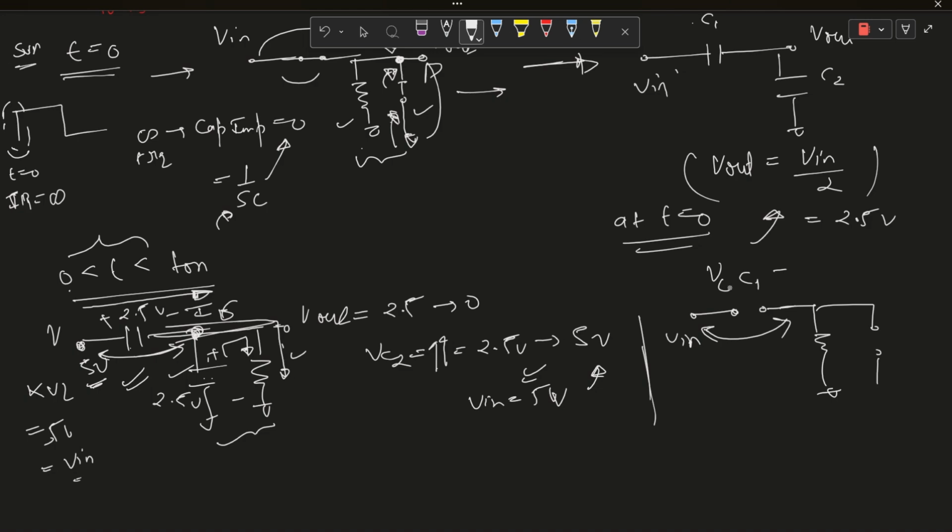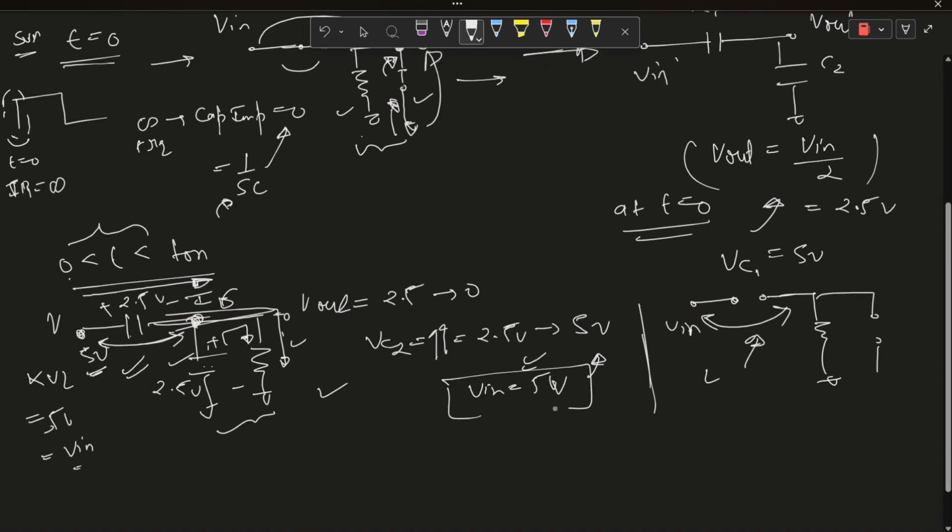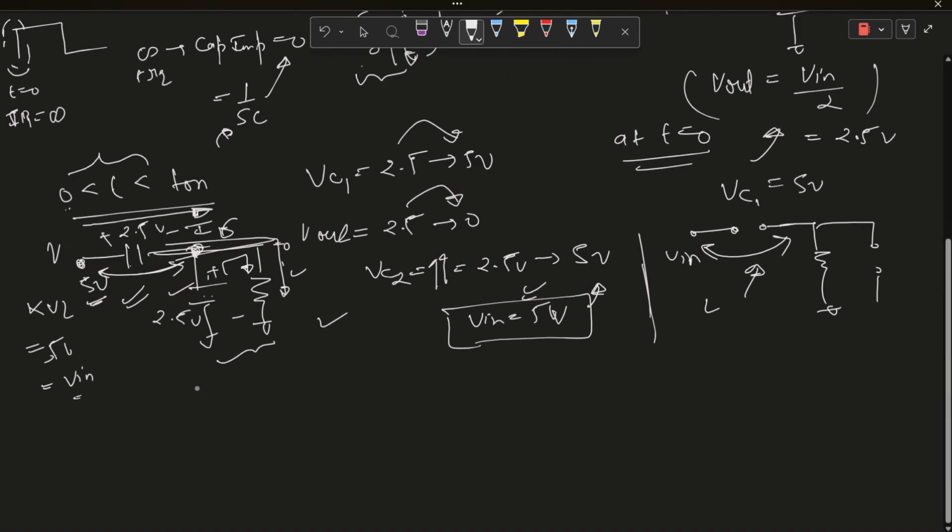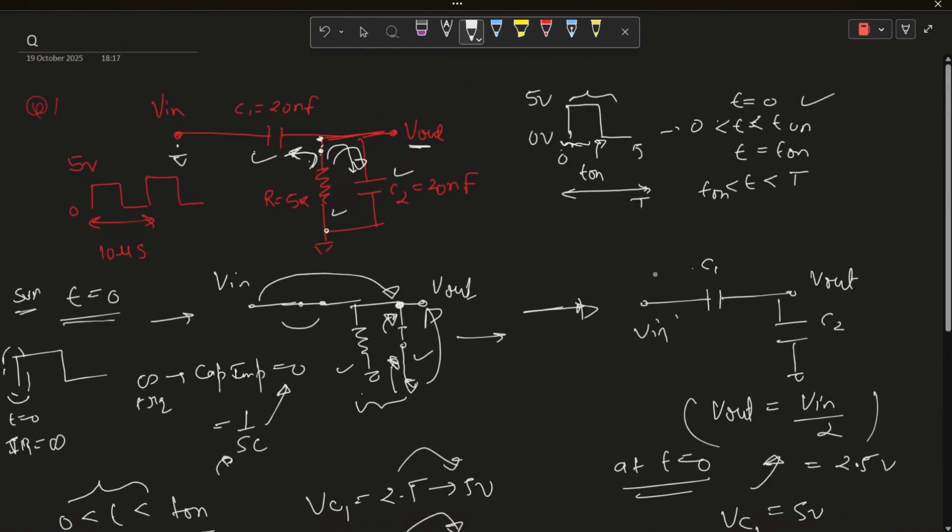So Vc1 becomes 5 volts, because all the voltage drop will occur at this capacitor. So we prove this intuitively. V out will reach 0 volt and Vc1 goes from 2.5 volt to 5 volt in this 0 to t on time period.